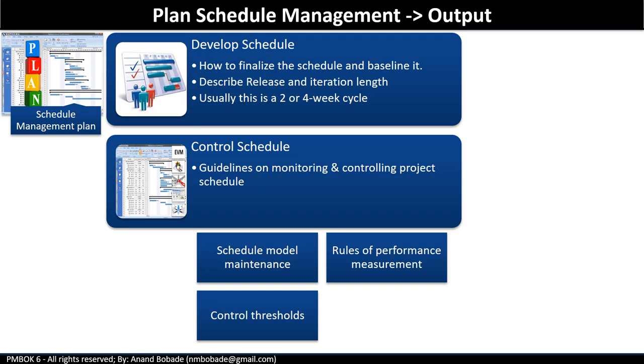Control thresholds, the variance threshold for monitoring schedule performance. If performance is not within the agreed threshold, then what actions or procedures are to be followed? And finally, reporting formats: the format, frequency, and recipients of the schedule progress report. So all this information will be mentioned inside the schedule management plan.